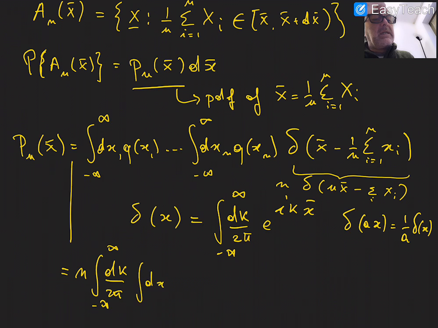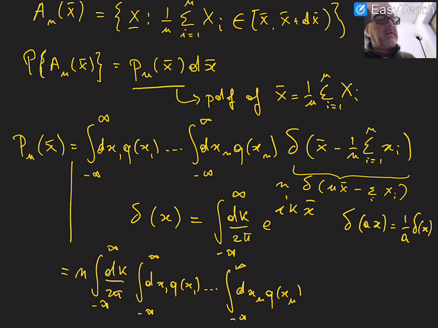Then we have the integral dx1 of q of x1 ... integral dxn q of xn of e to the ik times n x bar minus ik sum over i of the xi up to n.